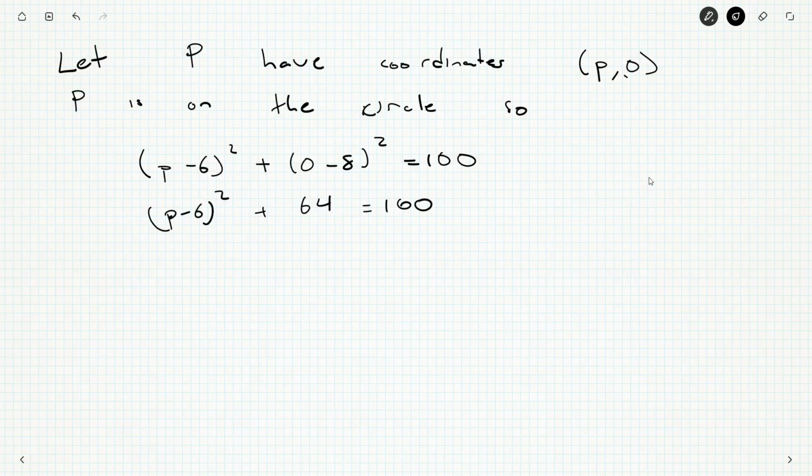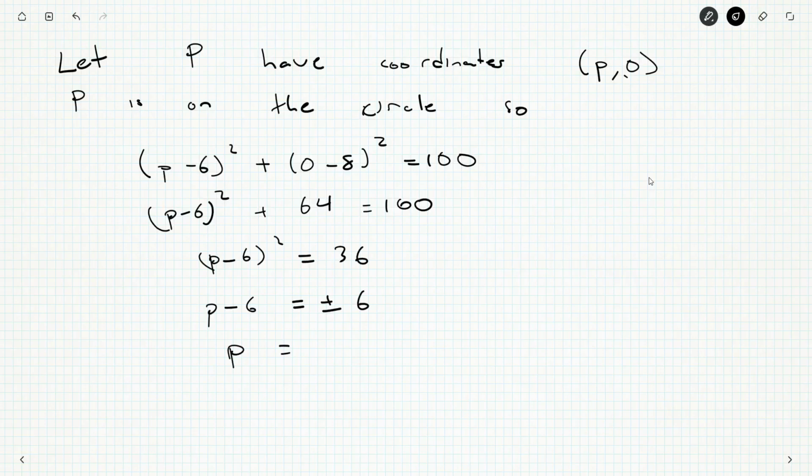Subtracting 64 from both sides, (p - 6)² is equal to 36. So square rooting both sides, p - 6 is equal to plus or minus 6, because there's two different things I can square to get 36, plus 6 or minus 6. And I don't know which one p - 6 is supposed to be. So p - 6 is either 6 or negative 6.